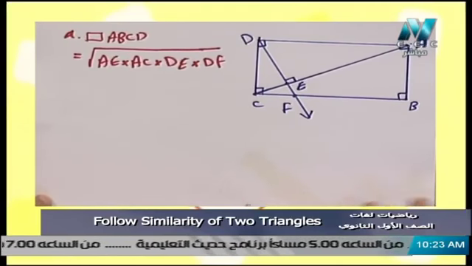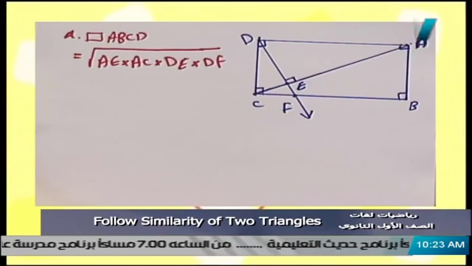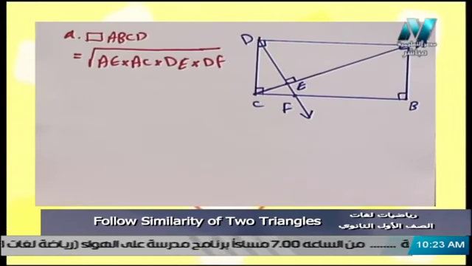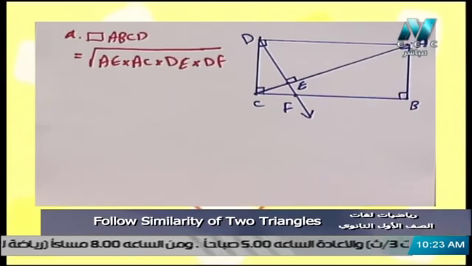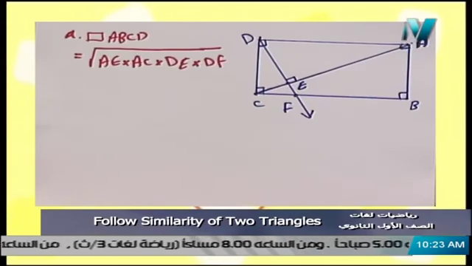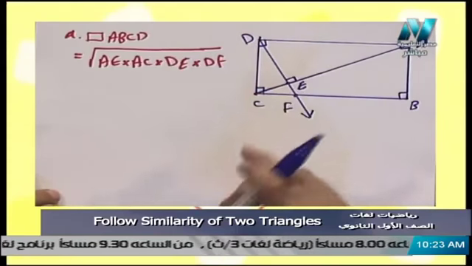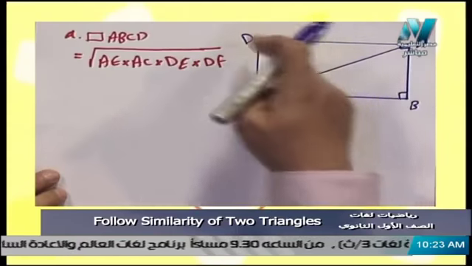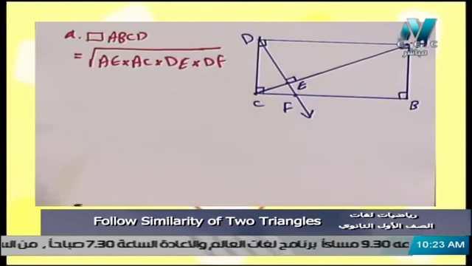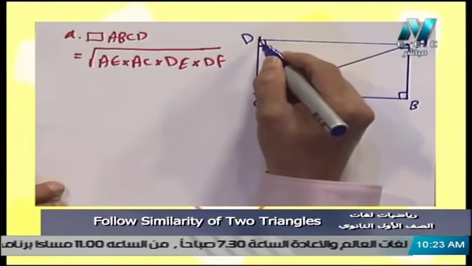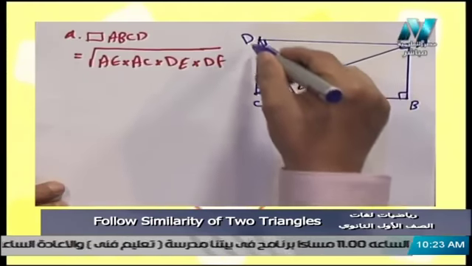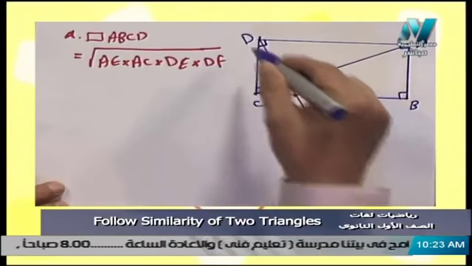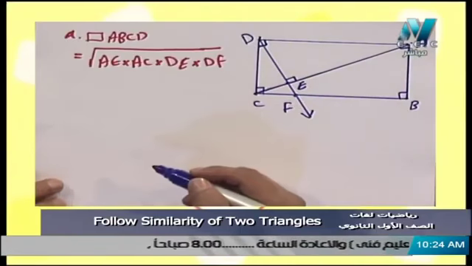The request is to prove that the area of the rectangle equals this square root, and we will try to prove that. First, let's move to triangle ADC. Look carefully at triangle ADC now. We notice that here D is a right angle, and from the right angle we draw perpendicular DE to AC.